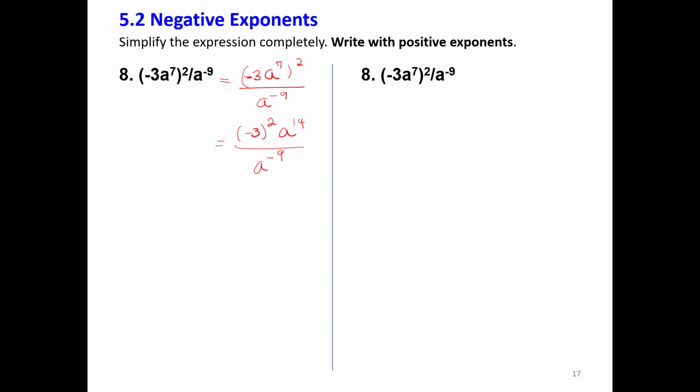Now, minus 3 to the second power. Any negative base raised to an even power, the answer is always positive. But if you don't remember that rule, what I suggest is that you solve it: it equals minus 3 times minus 3.